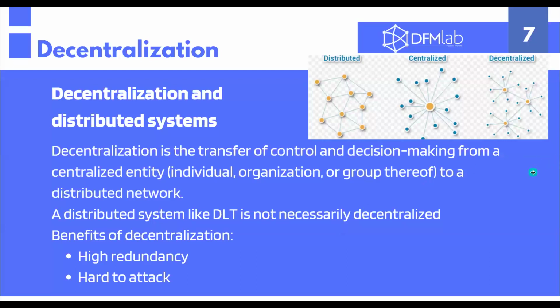And this is one of the beauties of decentralization. We have distributed systems, we have centralized systems, and we have decentralized. I won't go into much detail, but decentralized is different from distributed. In a distributed system, for example, we can have a bank having multiple records of their customers. It's still distributed, not decentralized.